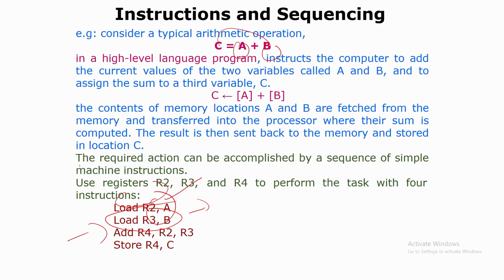Finally the result is stored in the R4 register. So the final result of C equals A plus B has been executed.